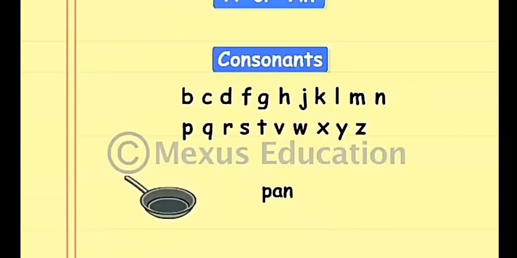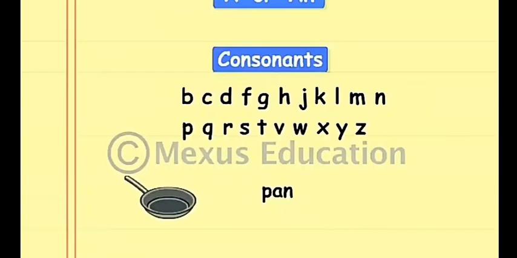Phone, a phone. Television, a television. LCD, an LCD. Bat, a bat. C, cat, a cat. D, doctor, a doctor. F, fan, a fan. G, girl, a girl. H, here H is exceptional, which we will discuss later on, but home, a home.